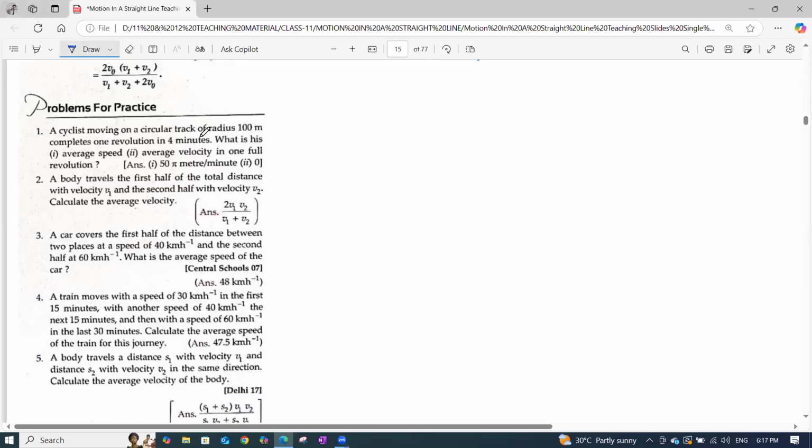A cyclist is moving on a circular track of radius 100 meter, so R is equal to 100 meter. It completes one revolution in 4 minutes, so T is equal to 4 minutes. What is the average speed? We know average speed is total distance by total time taken. Total distance is 1 round upon total time taken of 4 minutes.